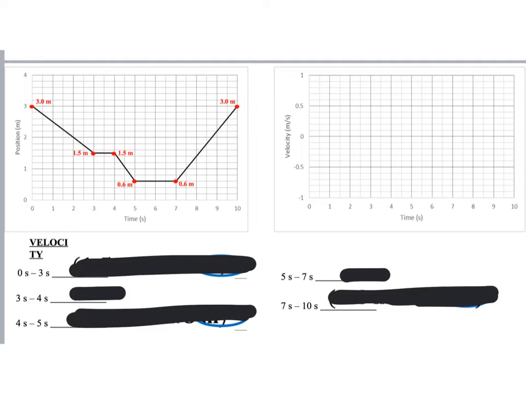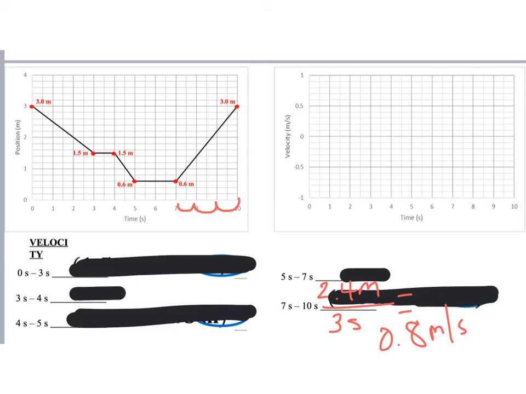Now in this case, our displacement would be 3 minus 0.6, which gives us 2.4 meters, divided by our time, which is 1, 2, 3 seconds. When you plug that into the calculator, you get 0.8 meters per second, positive 0.8 meters per second.